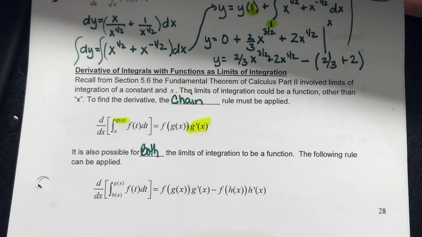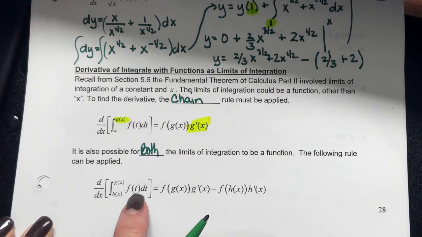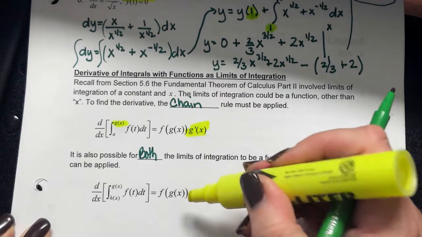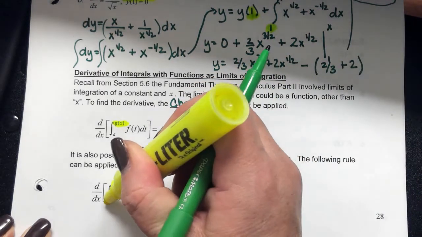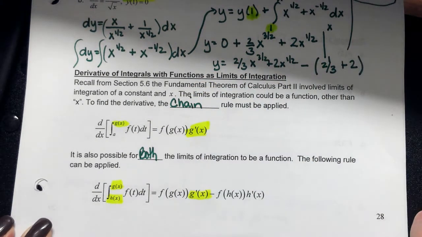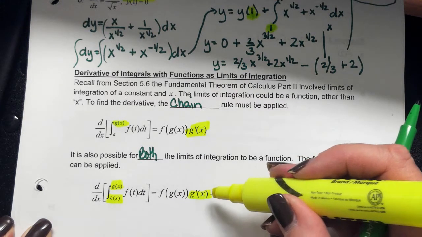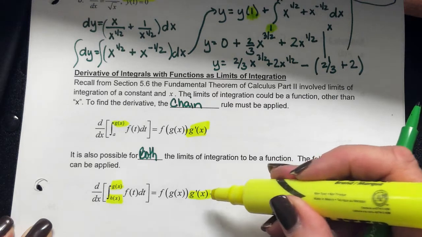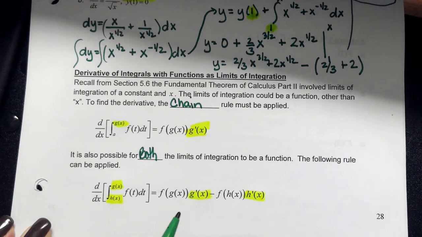You're still going to apply the rule of taking the upper bound, plugging it into the antiderivative, and again, notice you're going to be multiplying by the derivative of the upper bound. But notice the lower bound is also a function, not a constant. So you still apply your fundamental theorem of calculus, where you're going to subtract the lower bound, and notice you also have to multiply by the derivative of the lower bound.